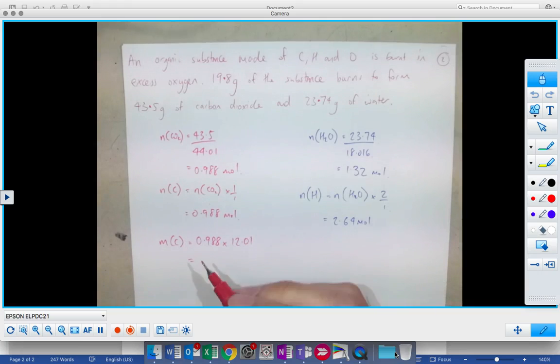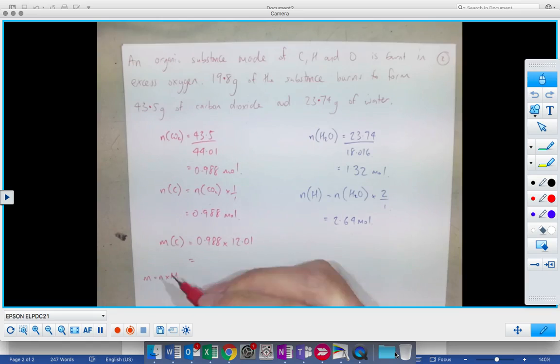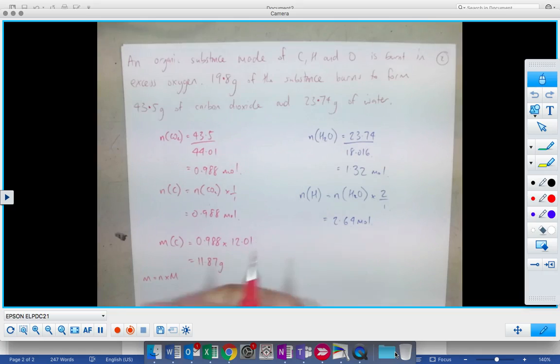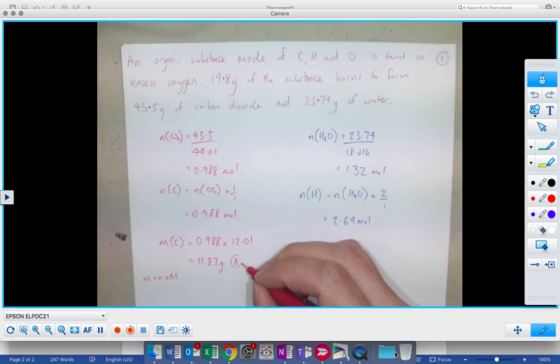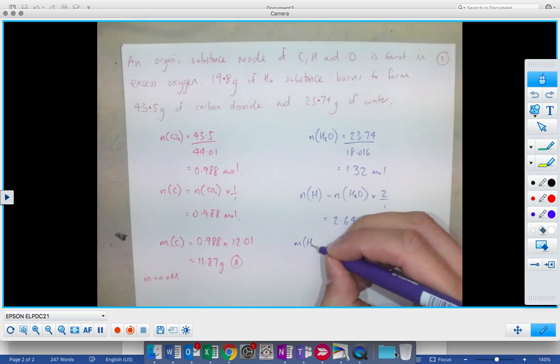Again, this is m equals n times big M. Actually, let's do this properly. 43.5 divided by 44.01 is equal to 0.988. I'm just doing this in my calculator properly so I don't round too early. And I get 11.87 grams. I'm going to save that as a letter A. I now have to work out the mass of the hydrogen.